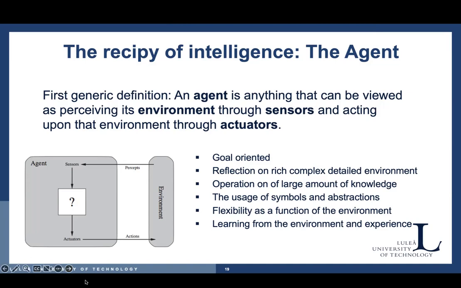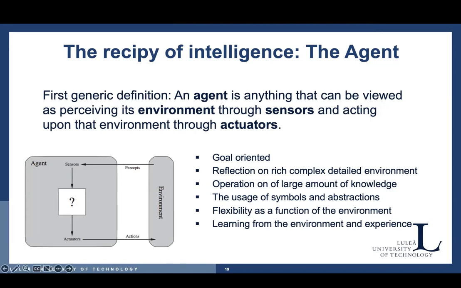So what are these properties? It's maybe a little bit by the book, but I think it's very important to keep these properties in mind and constantly think about the complexity of each of them.